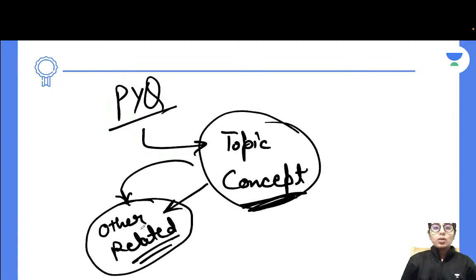It can definitely come again, but some additional part can also be there. So will I be able to work on it if the question is modified this way, or if something related to the concept is included? That's the question you have to ask yourself.